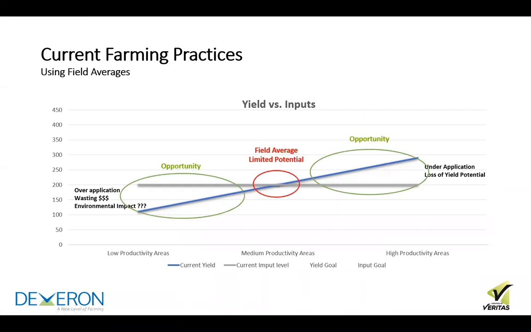You're over applying in this area here, wasting money and having an environmental impact, or you are farming to the area here where you're under applying, leaving bushels on the table. We can use this data to look at those outlying areas and where we can apply variable rate.